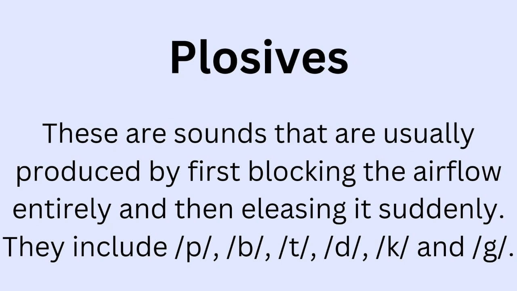These consonant sounds include p, b, t, d, k, and g. Remember that when the letters of the alphabet are enclosed in slants like this, as you can see on your screen, we call them speech sounds.